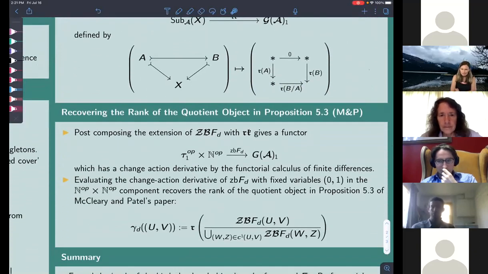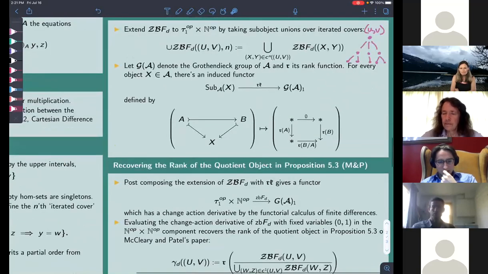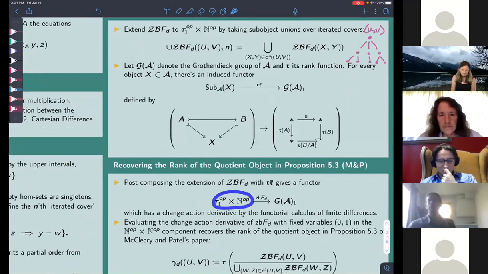Okay, so how do we actually do this? Well, if we post-compose this extension of the birth-death object with this extended rank functor, then that gives a functor from tau 1 op across n op into the arrow category of the Grothendieck group. And both of these things have something called a change action structure in Cat.